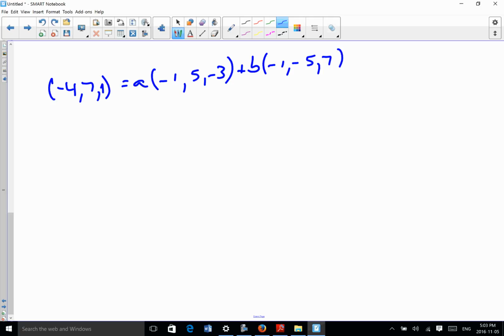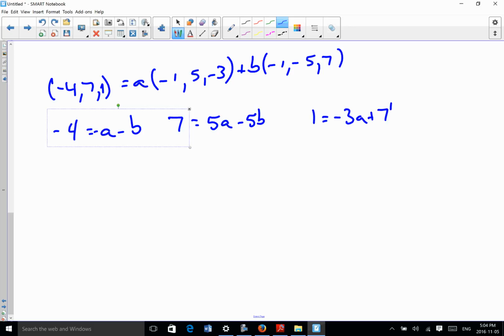And we do our exact same proof. So negative 4 equals negative a minus b. 7 equals 5a minus 5b. And 1 equals negative 3a plus 7b.